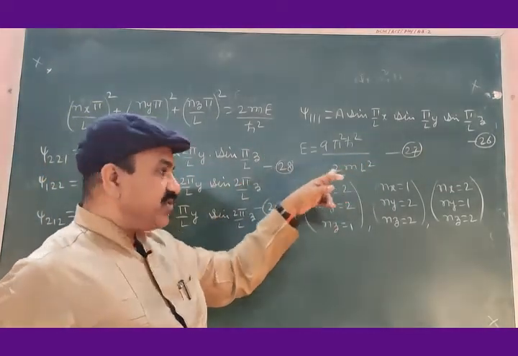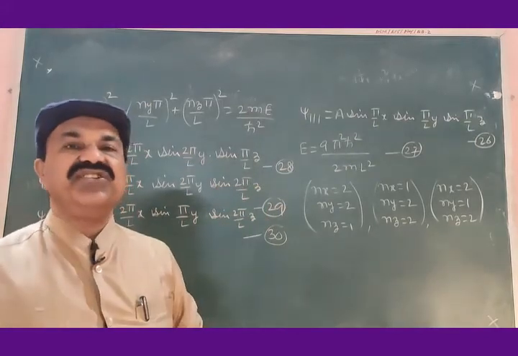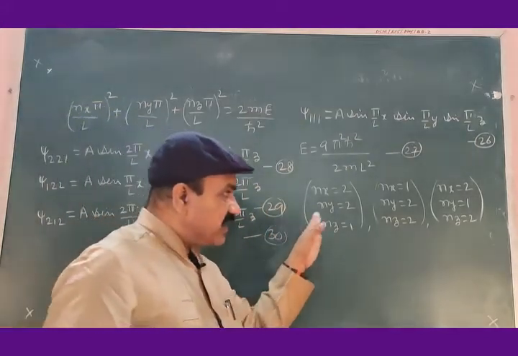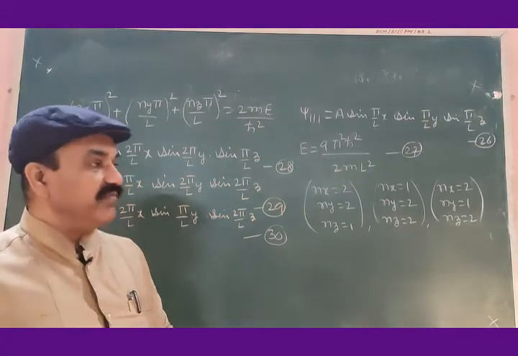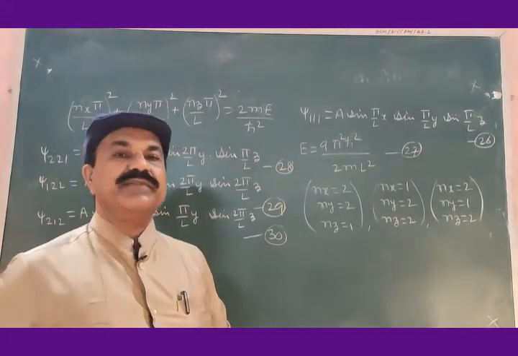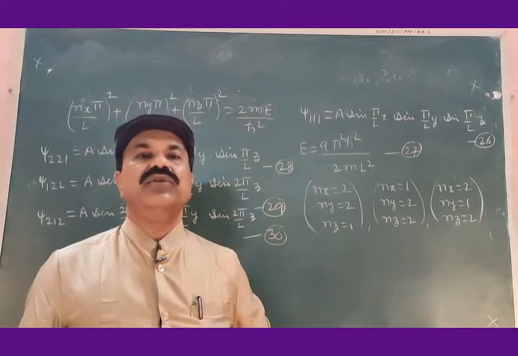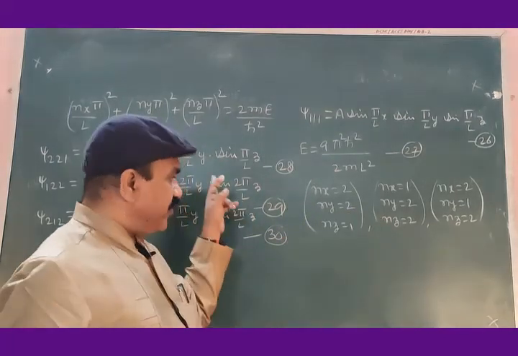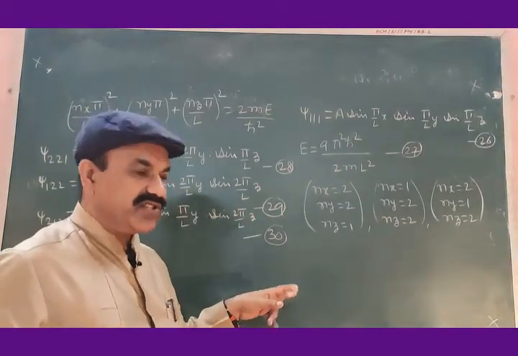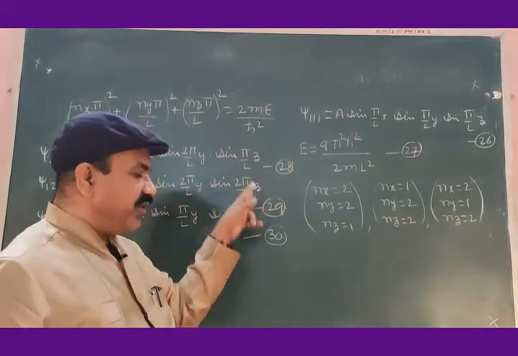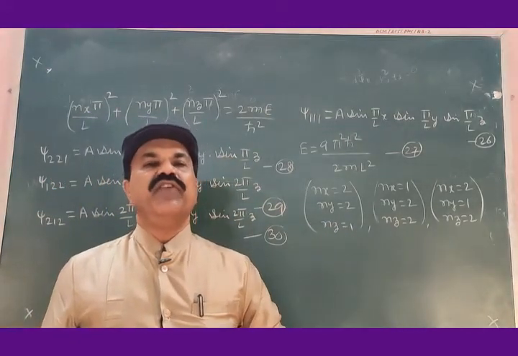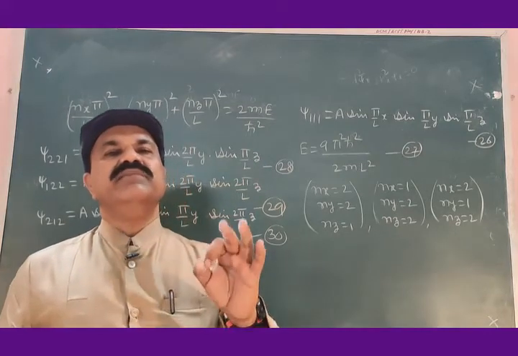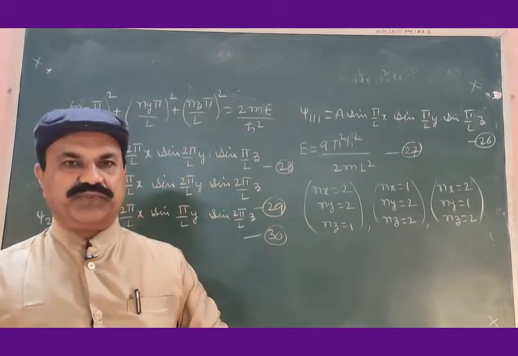Although these wave functions have the same energy, these are the energy eigenfunctions, these are energy eigenvalues, and these are the corresponding energy eigenfunctions for these three different quantum states. The quantum states corresponding to these eigenfunctions may have different momentum eigenvalues.